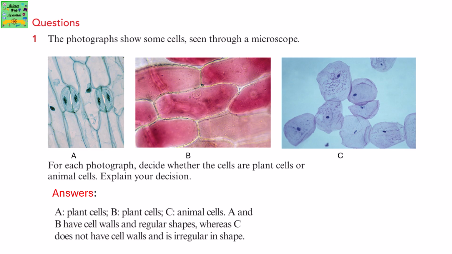B has a cell wall and a regular shape, whereas C does not have a cell wall and is irregular in shape. So A and B are plant cells as they have a cell wall and they're regular in shape compared to C.